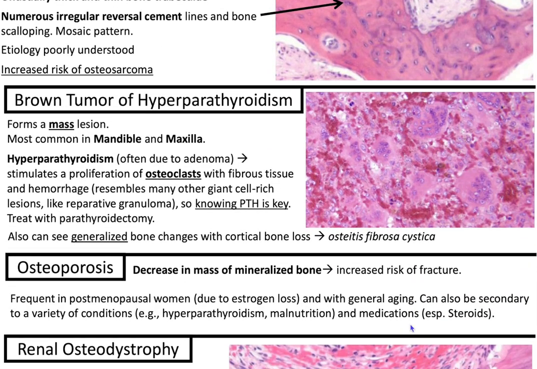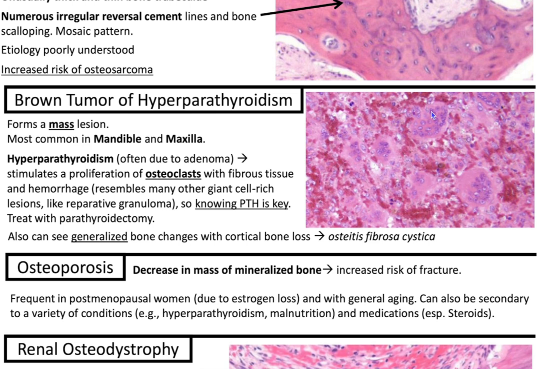Brown tumor of hyperparathyroidism. This forms a mass-like lesion, and it's most common in the craniofacial region like the mandible and maxilla. Hyperparathyroidism will lead to proliferation of osteoclasts, as you can see here, with fibrous tissue and hemorrhage.